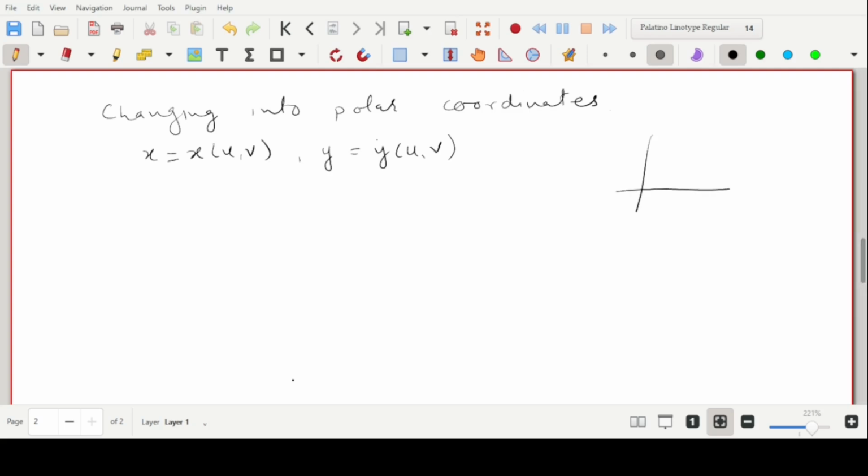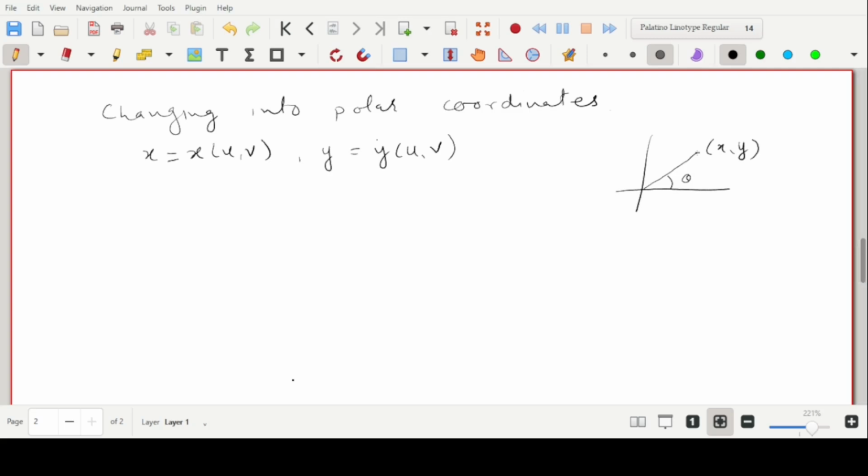So if x comma y is a point in this plane, then r is the length of the segment that connects the origin with xy, and theta is the angle made by this arm with the positive x-axis.